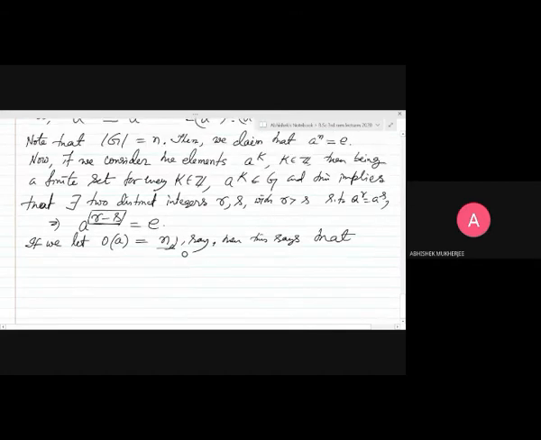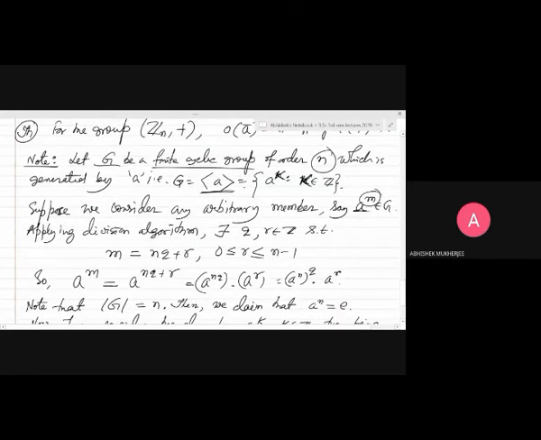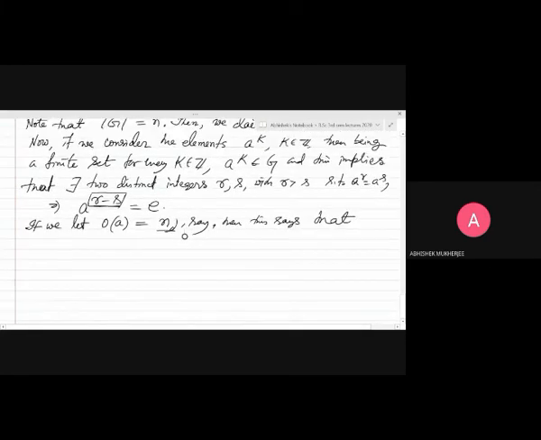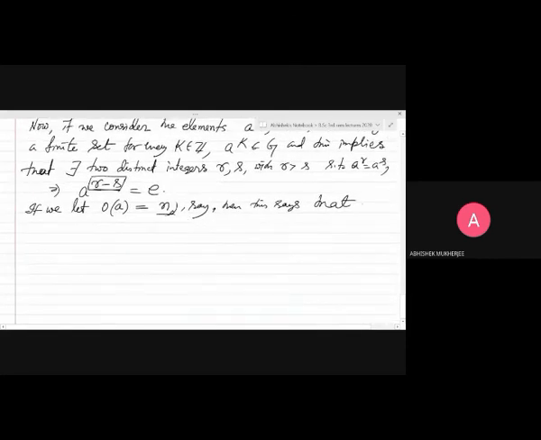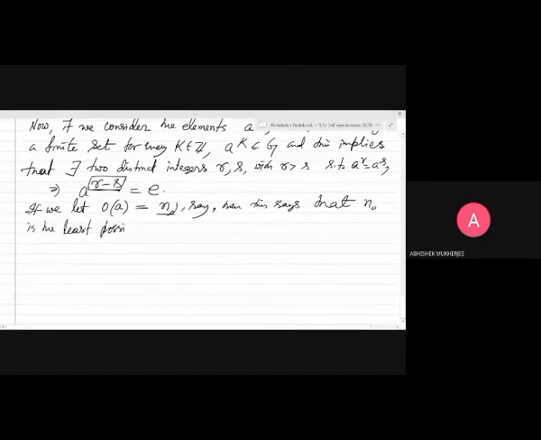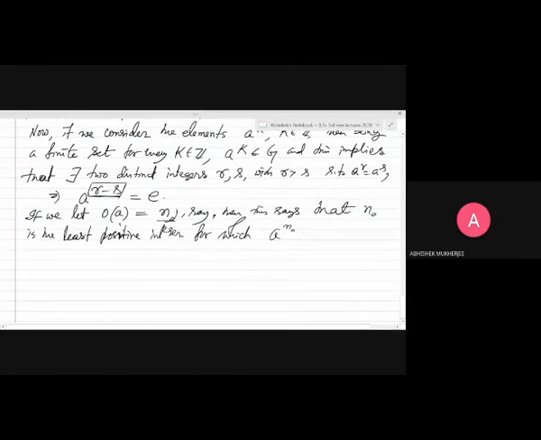So this says that n naught is the least positive integer for which a to the power n naught is identity.